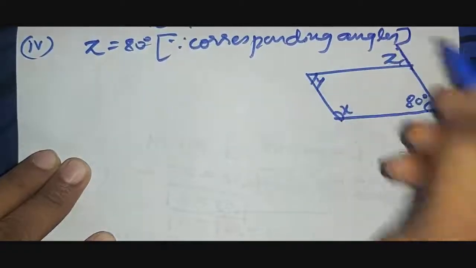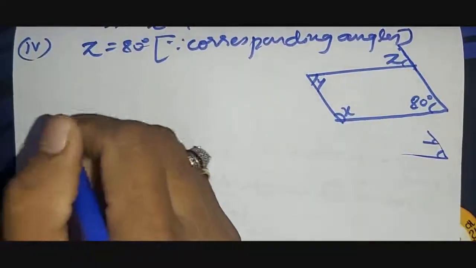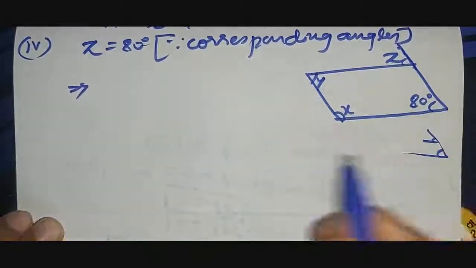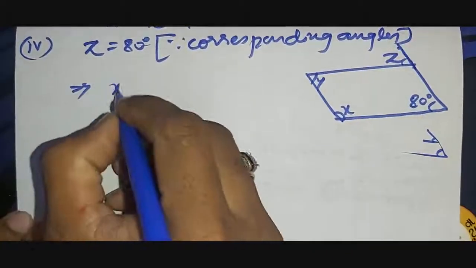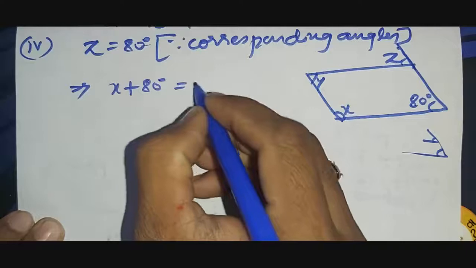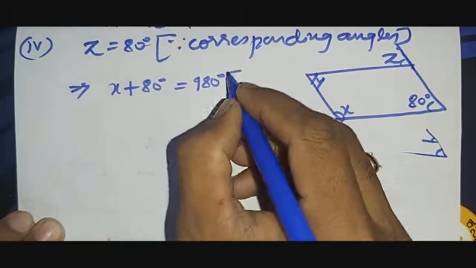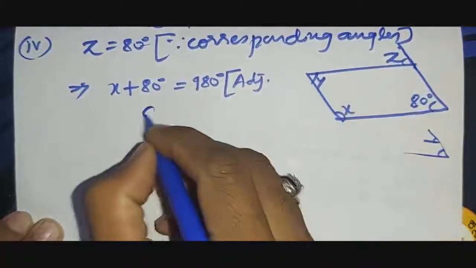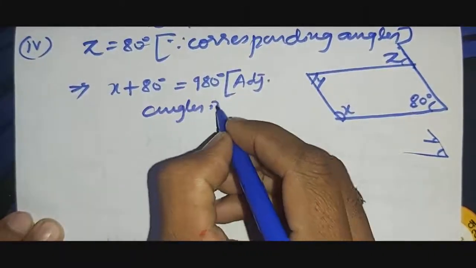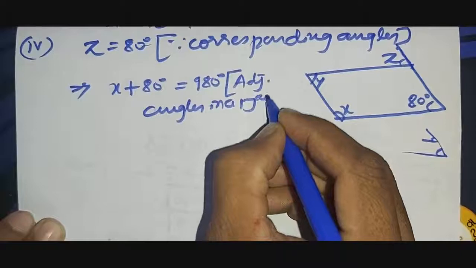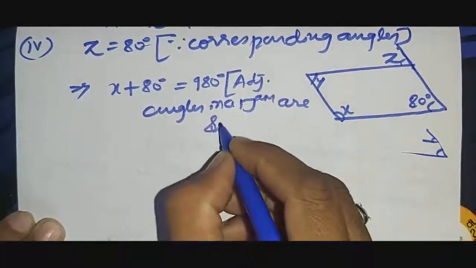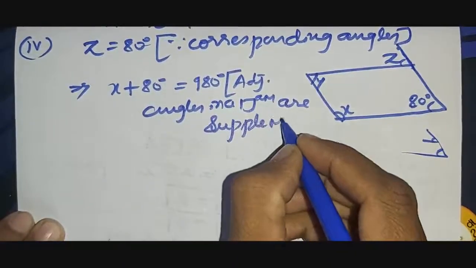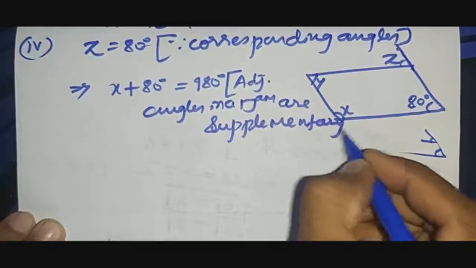Which implies x plus 80 degrees is equal to 180 degrees. I will write: adjacent angles in a parallelogram are supplementary.